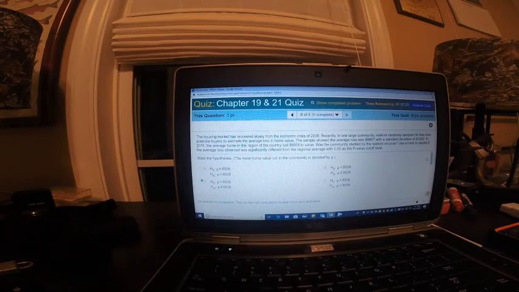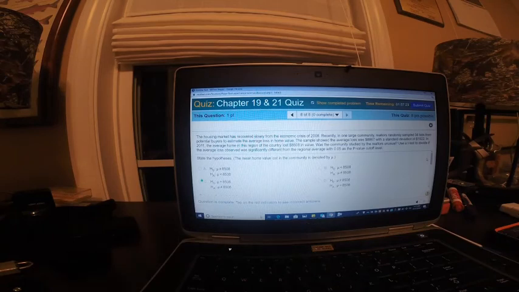How about that? So this one says the housing market has recovered slowly from the economic crisis of 2008. Recently, in one large community, realtors randomly sampled 34 bids from potential buyers to estimate the average loss in home value. Samples showed the average loss was $8,867 with a standard deviation of $1,922.